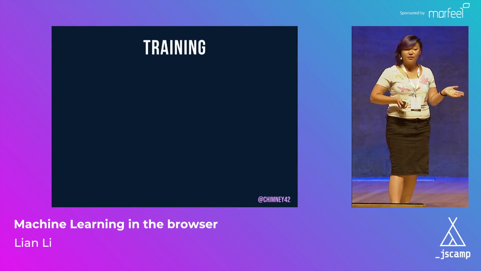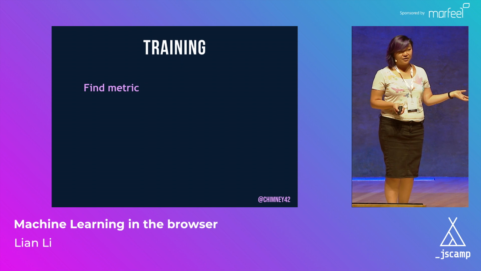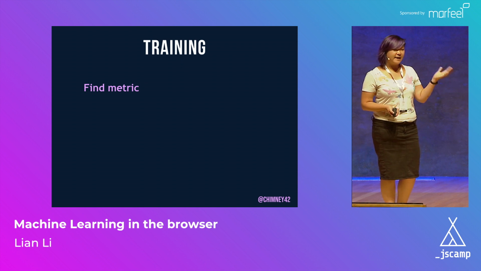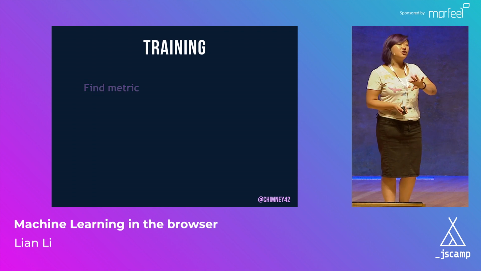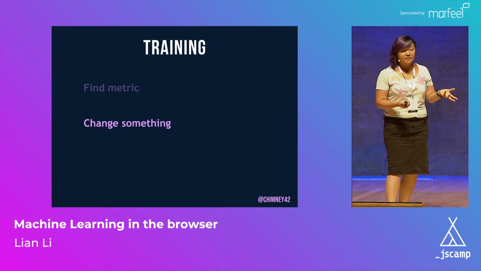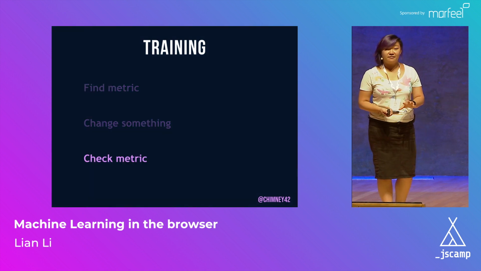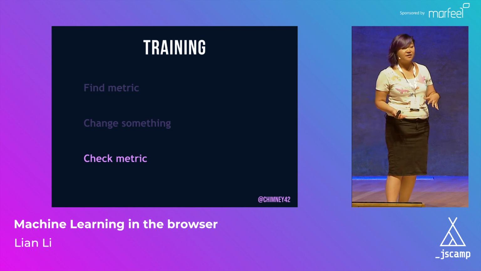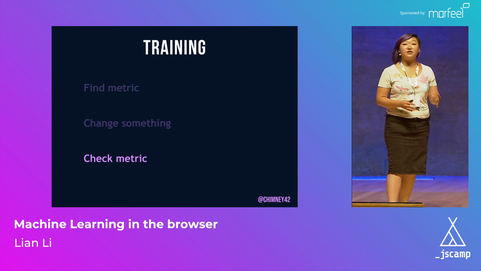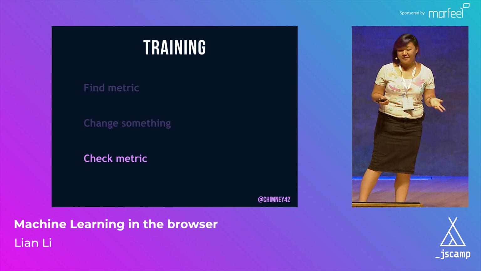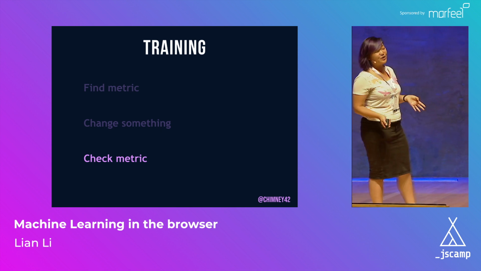So basically, all we want to do is find a metric that tells us how well our algorithm performs, then we change something, and then we check that metric again and see if it does better now or worse. And if it does better, we just keep doing the same thing. If it does worse, we just do something else. That simple. So how does it work?